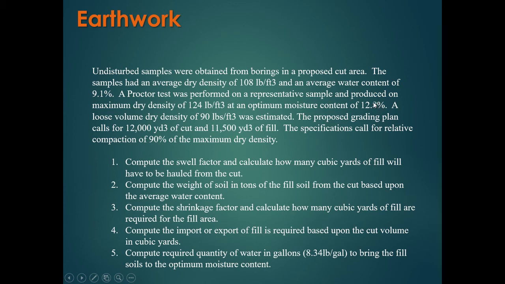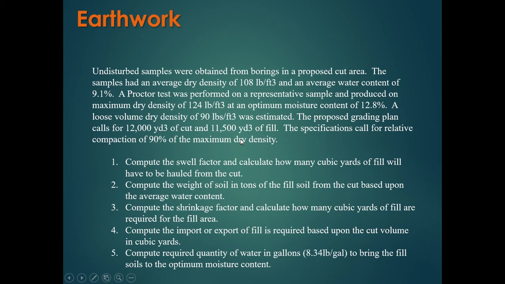Okay, so already I know that to get to the optimum, I have to go from 9.1% to 12.8%, so I have to add water to get it closer. Okay, a loose volume dry density of 90 pounds per cubic foot was estimated. The proposed grading plan calls for 12,000 cubic yards of cut and 11,000 cubic yards of fill.